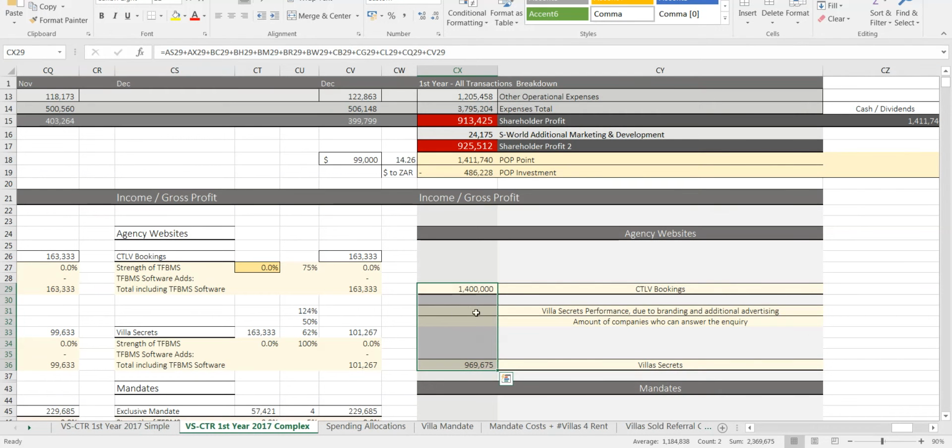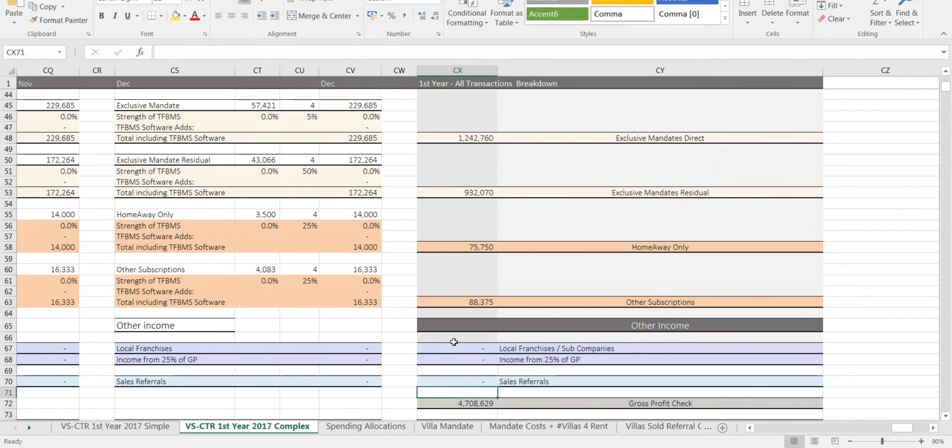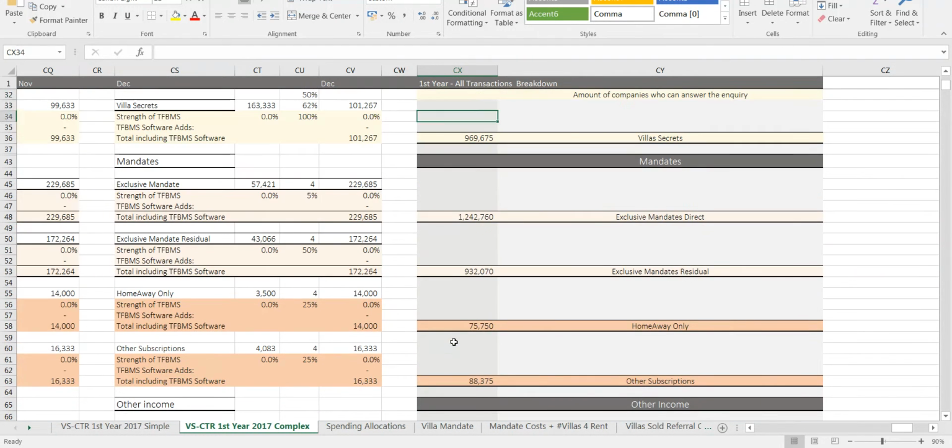Okay, the next income is villa mandate income. Let's see how that's worked out. We go further down the complex spreadsheet. Here we go, mandates. Exclusive mandates direct, exclusive mandates residual. Exclusive mandates direct is money made from booking that particular villa that was mandated. Exclusive mandates residual is when that villa is booked, or if the inquiry is not suitable, say for instance they had a child and the villa's not child friendly, then we can put them in other villas.